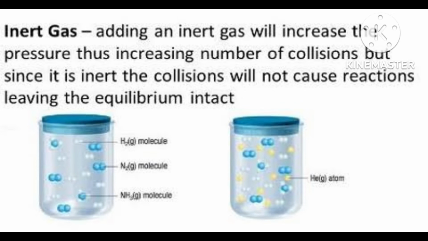2NO2, nitrogen dioxide, is a brown gas. The effect of temperature on equilibrium can be demonstrated by taking NO2 gas. This is a brown gas. Keep in mind, for general knowledge also, NO2 gas is brown. Always a question is asked.